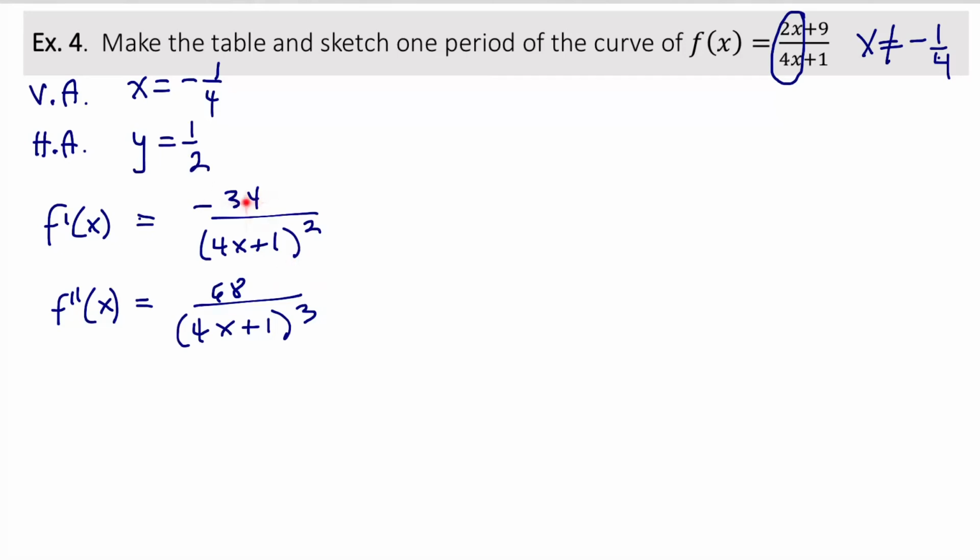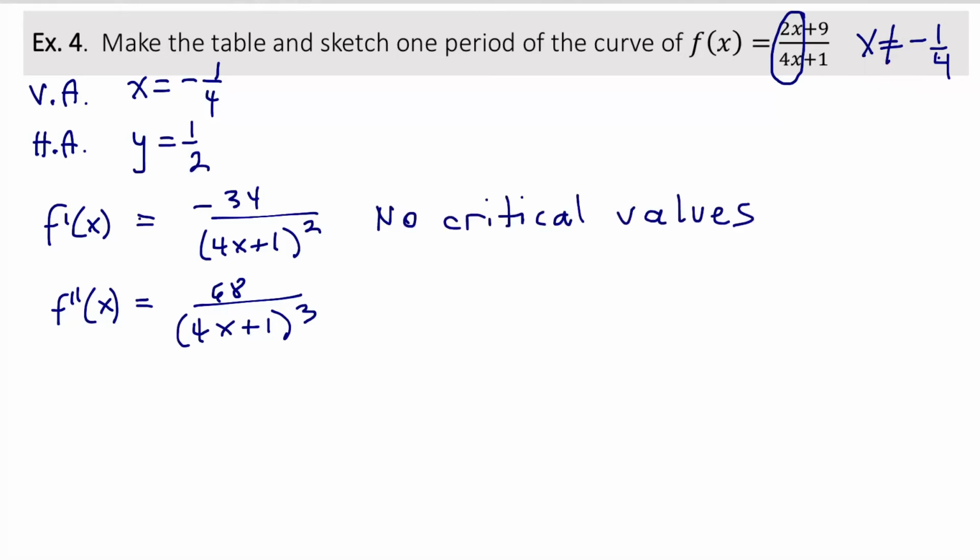So I have a constant in the numerator, so there are no values that will cause this to occur. And then the other possibility is, what are the x values that cause f prime to not exist at all? Well, the only value would be negative 1/4, but that's not in the domain of the function. So therefore, I have no critical values.